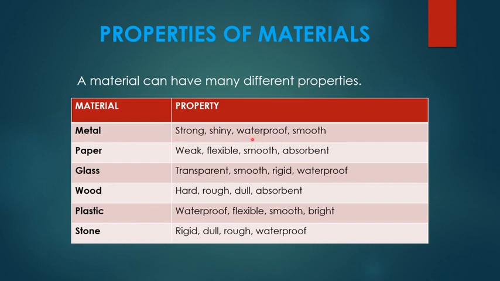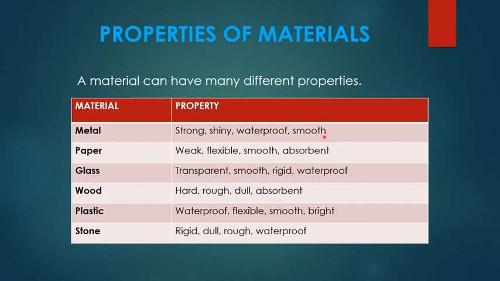And I want to call your attention to this. These properties I've listed are not the only properties of these materials. They can have many more and even different ones depending on the circumstances. But it's just important for you to know that one single material can have many different properties. And it's also normal to find a property being shared by many different materials. Let's take the case of smooth.